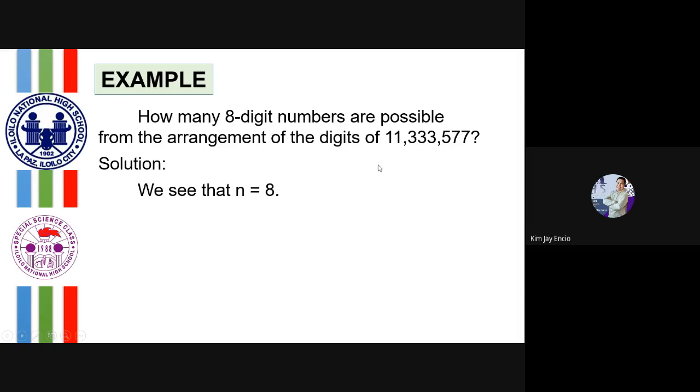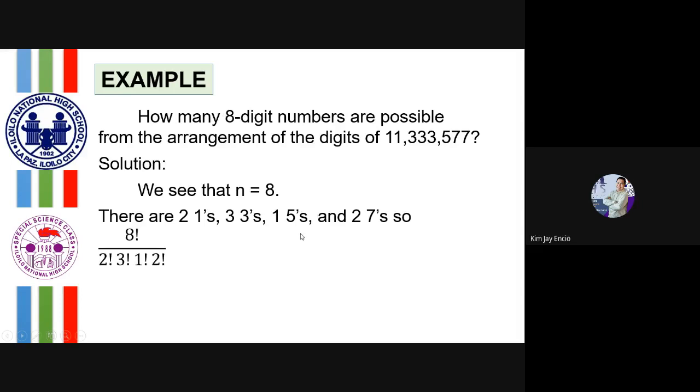Now we see that there are 2 ones, 3 threes, 1 five, and 2 sevens. So you see that 2 plus 3 plus 1 plus 2 is 8. And by using the formula, that's 8 factorial all over 2 factorial, 3 factorial, 1 factorial, and 2 factorial.